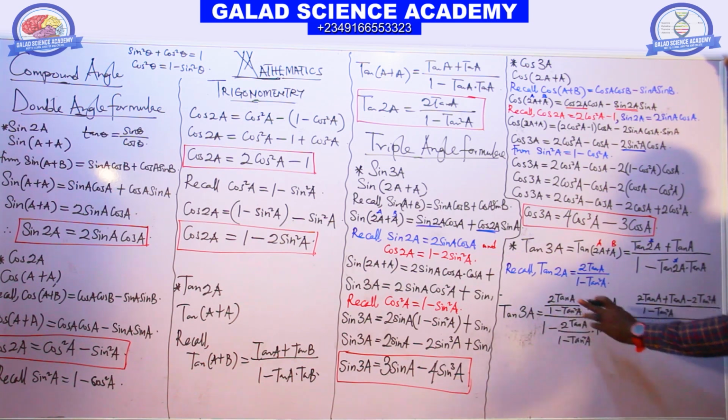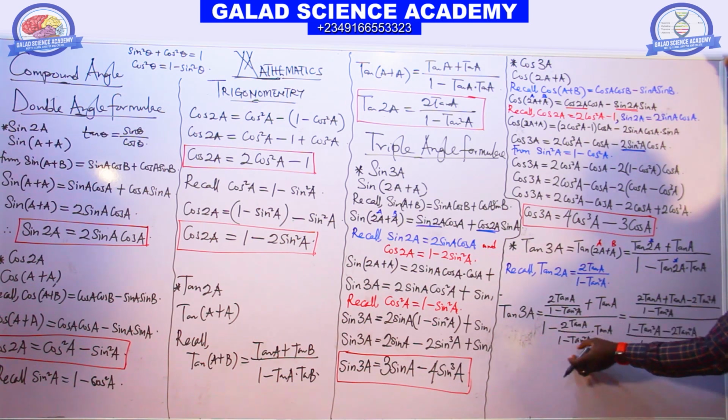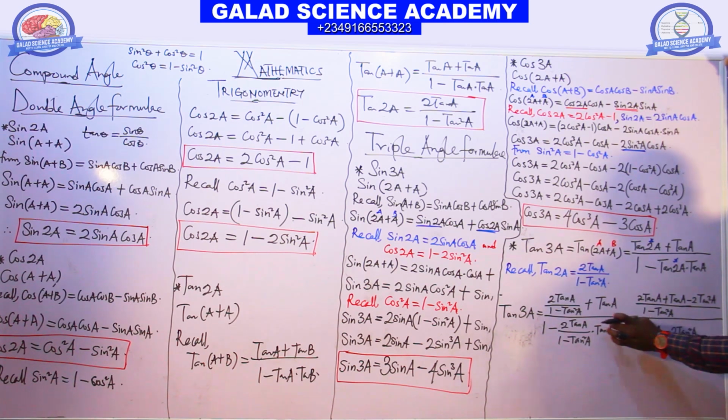We have 1 minus tan square A minus 2 tan square A, everything over 1 minus tan square A. You multiply 1 by this one, you have this. So that's what I did there.